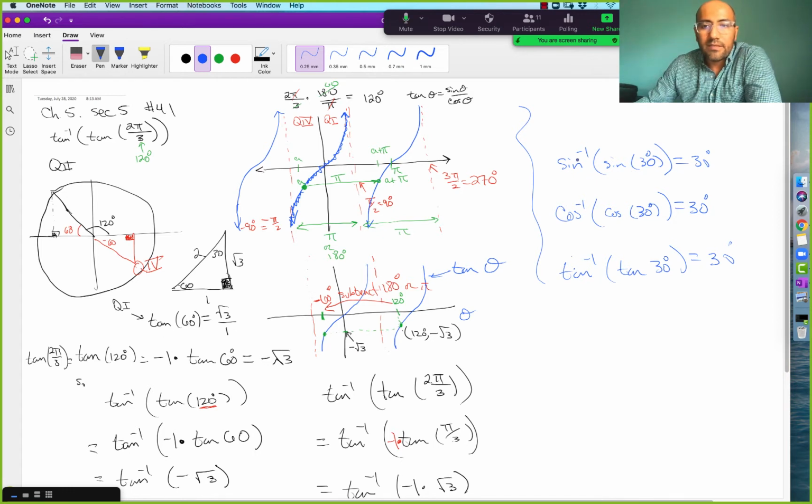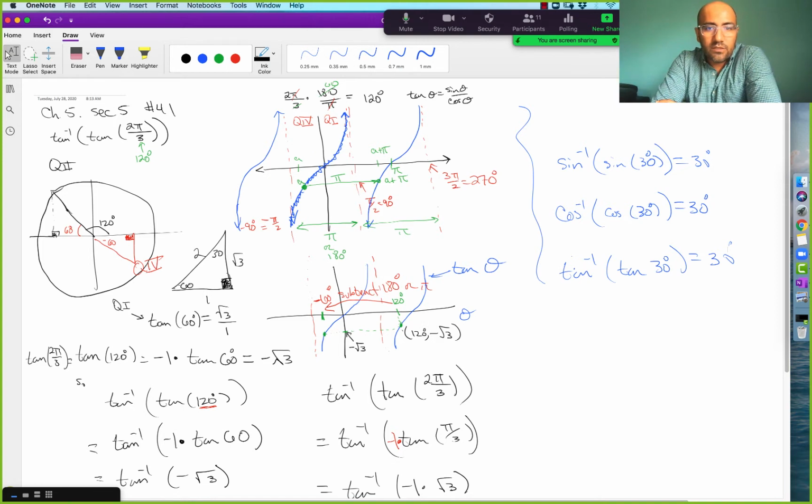Remember that the sine inverse, cosine inverse, and tangent inverse functions have a restricted domain. They are only valid for a certain segment of the function, so you might get an unexpected result. It's not as easy as just saying undo these or cancel these. You're not always going to get the exact same answer.